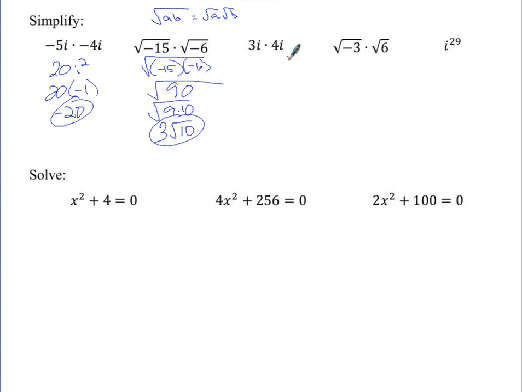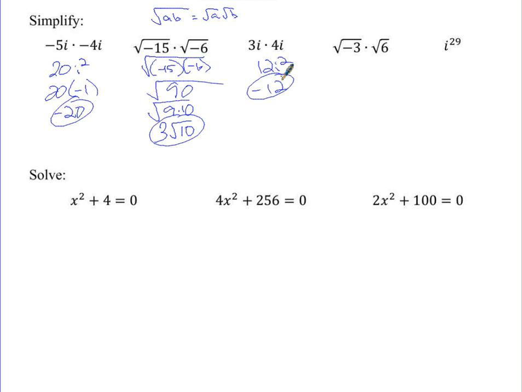How about this one? 12i squared. Now i squared is negative 1. So this is actually 12 times negative 1, which is negative 12. Again, I had two imaginary numbers. I multiplied them together, and I wound up with a real number. It's not always going to happen, but it can.